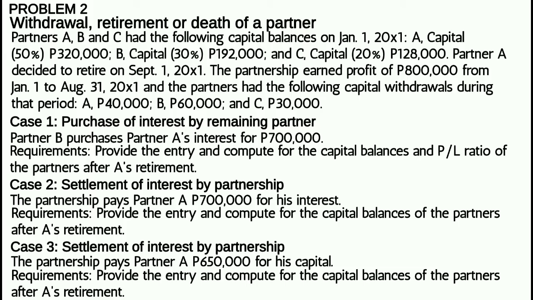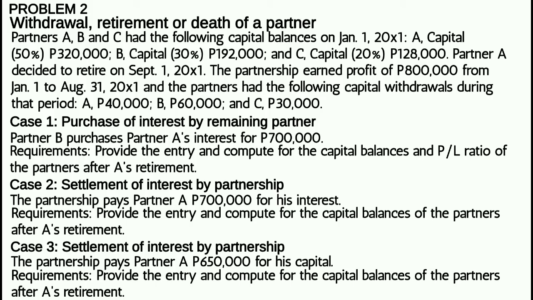Case 1, purchase of interest by remaining partner. Partner B purchases partner A's interest for 700,000 pesos. Requirements: provide the entry and compute for the capital balances and profit or loss ratio of the partners after A's retirement. Case 2, settlement of interest by partnership. The partnership pays partner A 700,000 pesos for his interest.